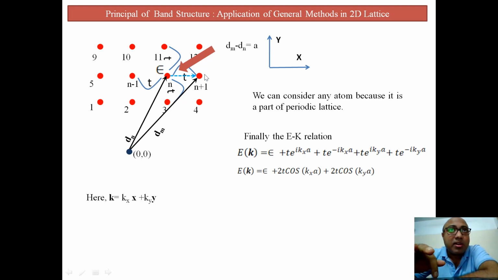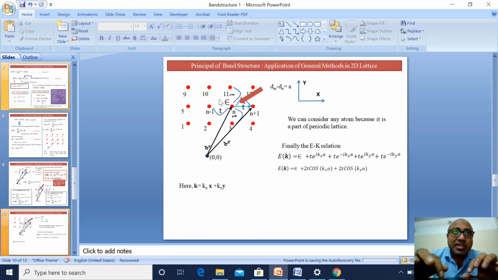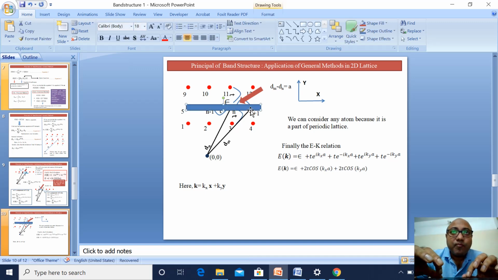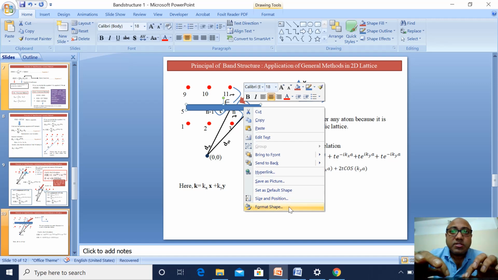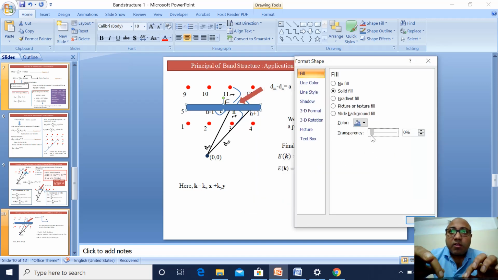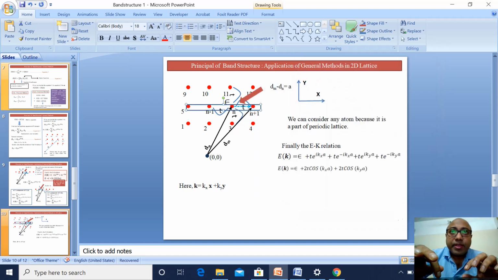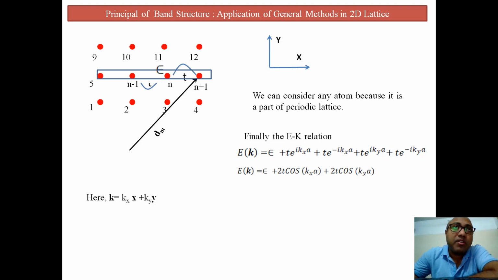Here you just take one dimension, and you'll see this is exactly what we have done just now. We have done it by one-dimensional figure. So this is the same thing I am looking for. So this is one dimensional, this is kx.